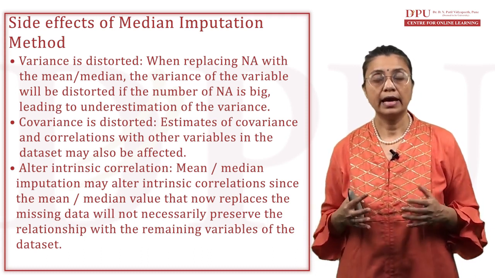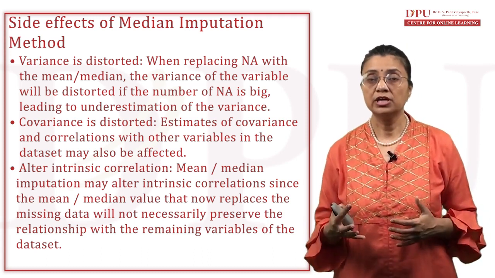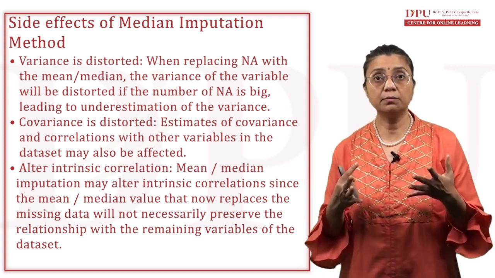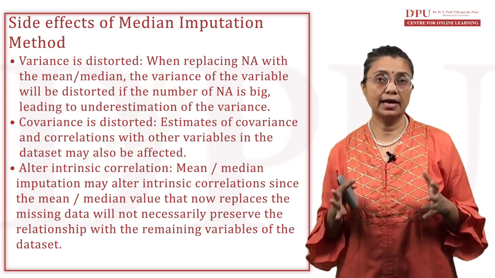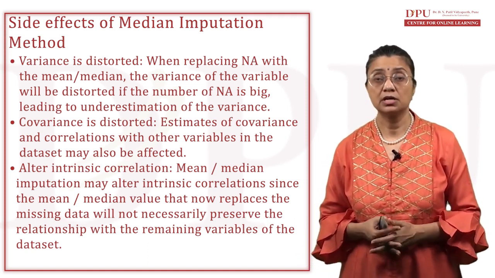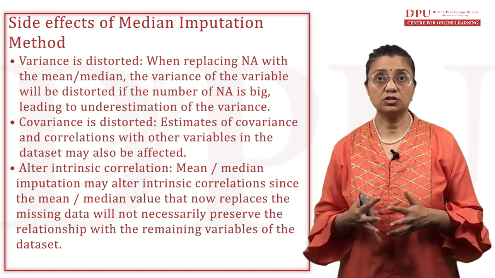It will alter, and that alteration can be huge, and then it can lead to some other meaning of the data set. So the interpretation of the data and the relationship between various variables will be changed, which is actually not the case.